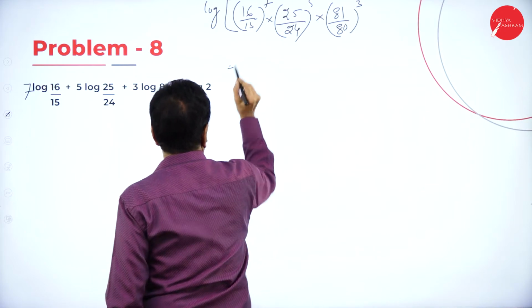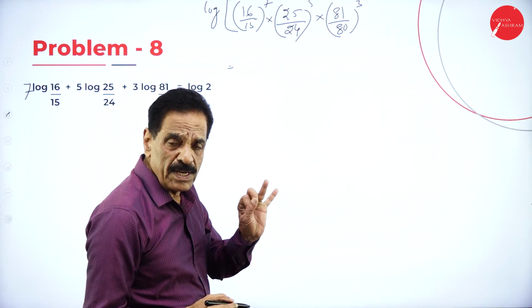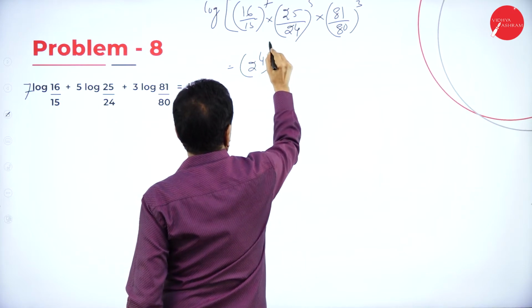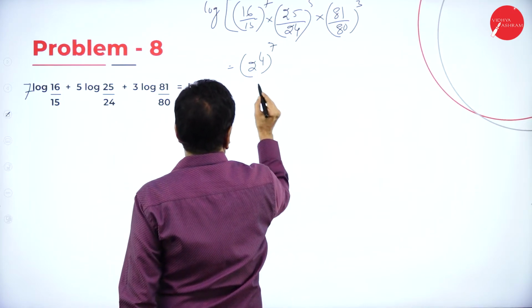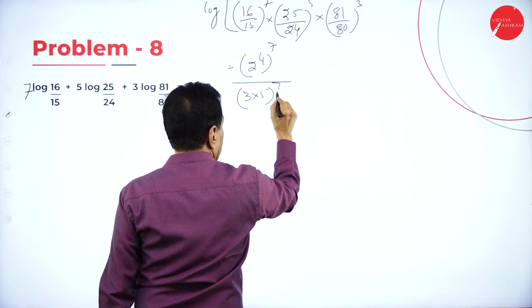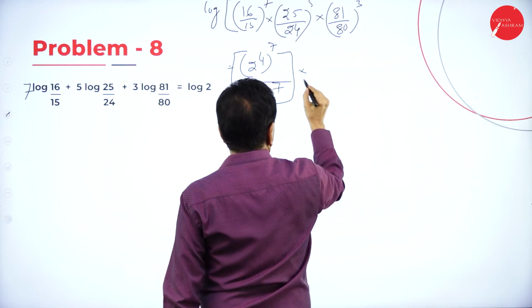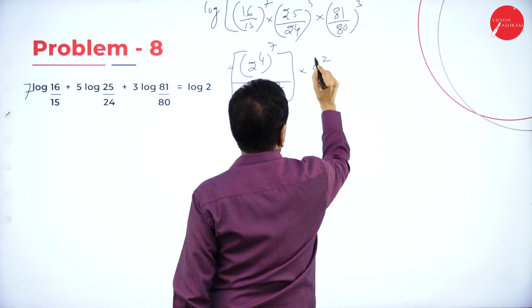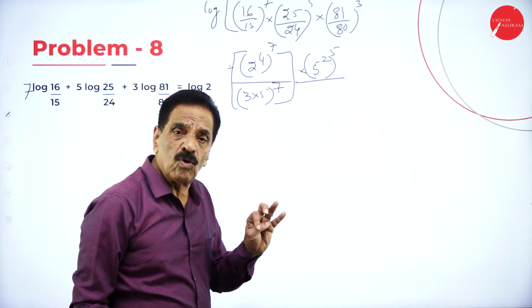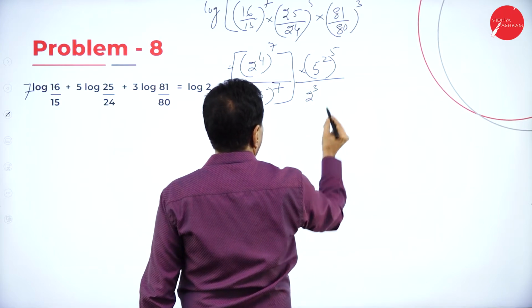This can be simplified. 16, 2 2s are 4, 4 2s are 8, 8 2s are 16. This is 2 to the power of 4 to the power of 7 into 3 into 5 to the power of 7. This is one group. Then this can be written as 5 squared to the power of 5. This can be written 2 2s are 4, 4 2s are 8, 2 cube, 8 into 3.